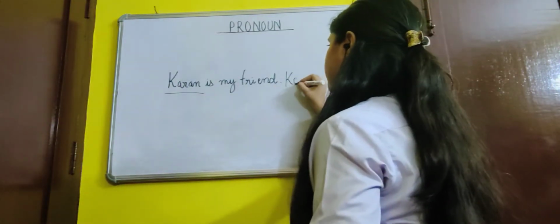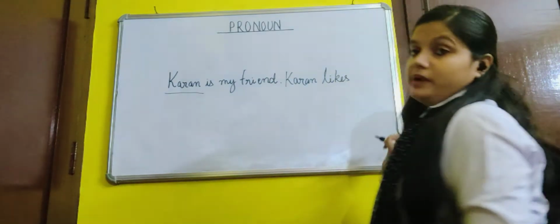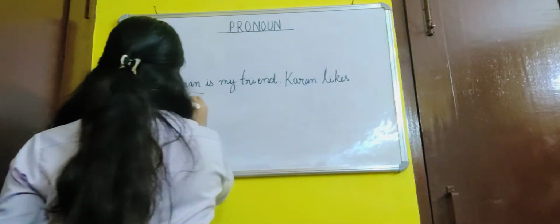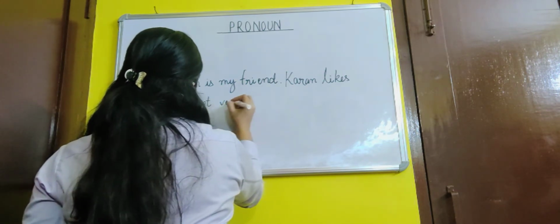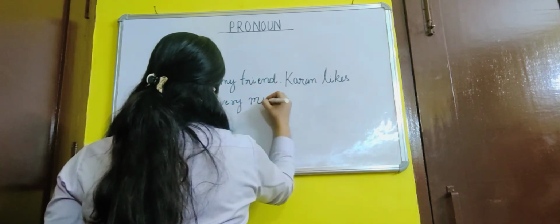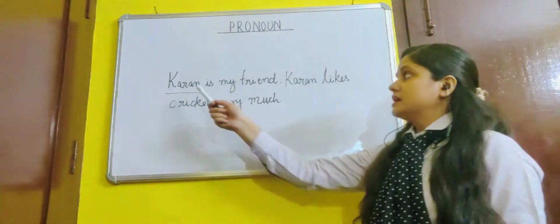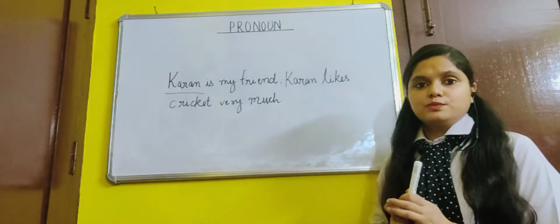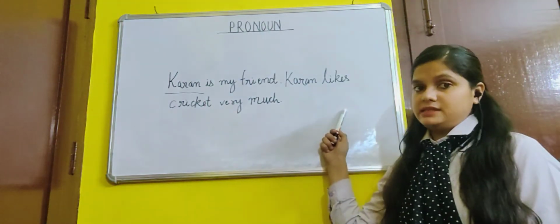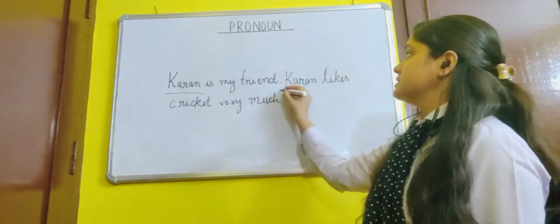And Karan likes cricket very much. Okay, now there are two sentences. Karan is my friend. Karan likes cricket very much. So in both these sentences, we are talking about the same person who is Karan.